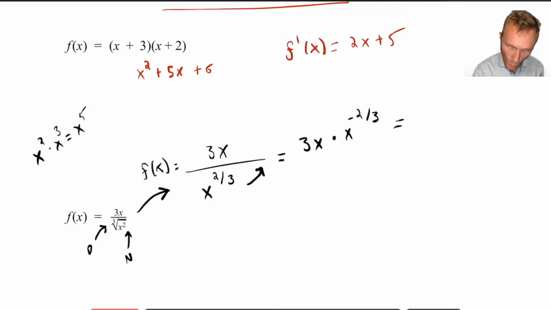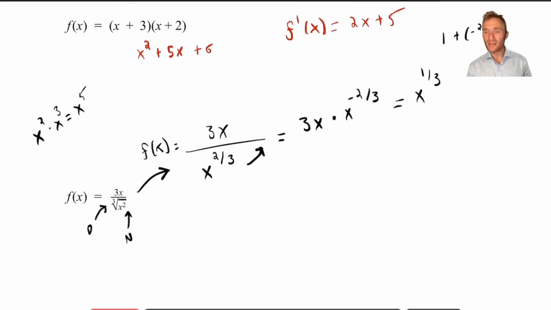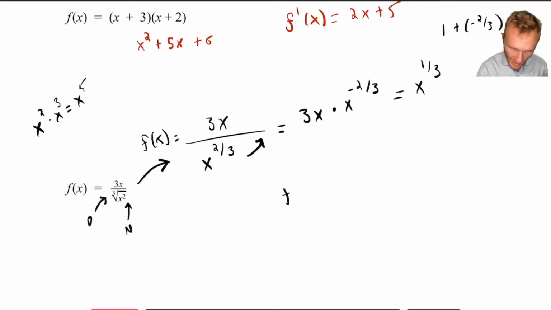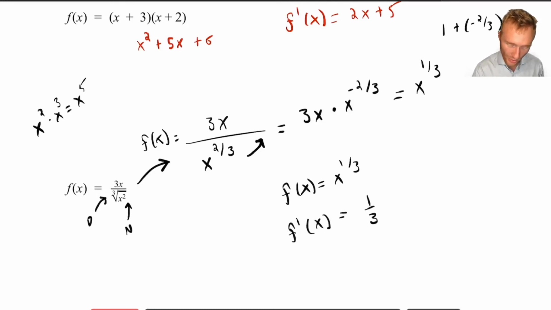So this is 1 plus negative 2/3, which is x to the 1/3 power. All I've done there is rewrite, to get that this is the same thing as f of x equals x to the 1/3. Now I can power rule: f prime of x is 1/3 x, right? 1/3 comes out front, multiplies by 1, x to the 1/3 minus 1, negative 2/3.